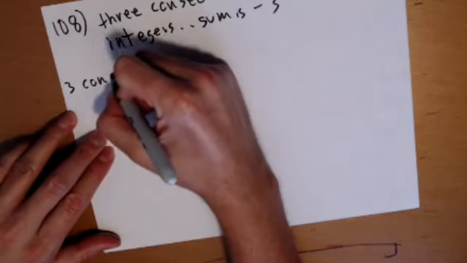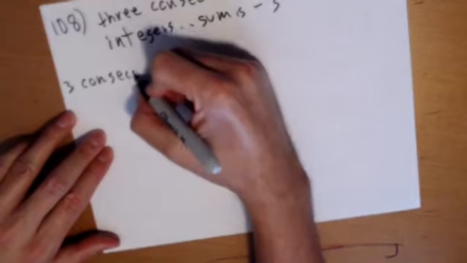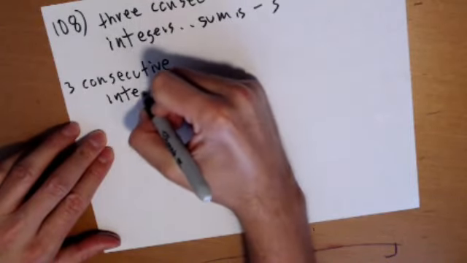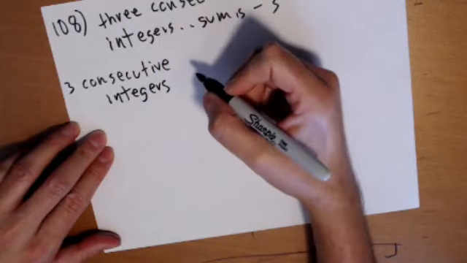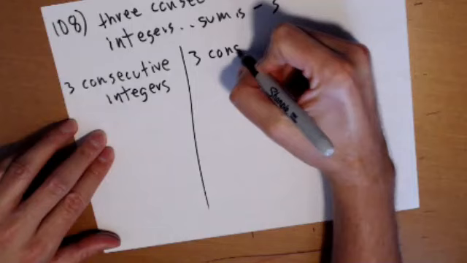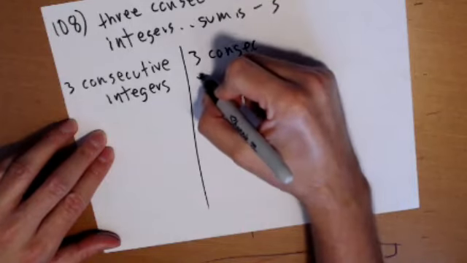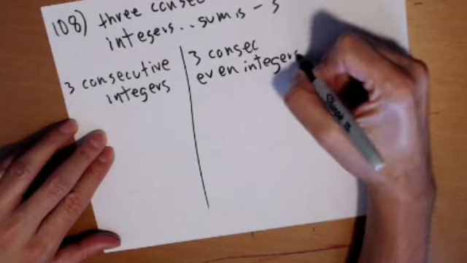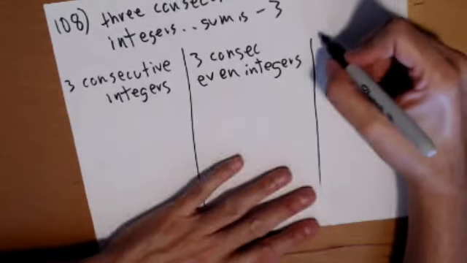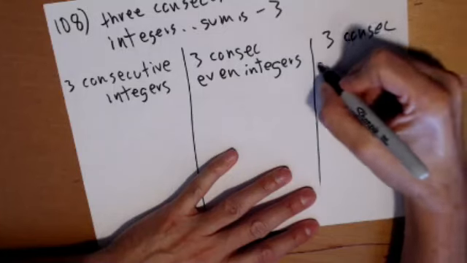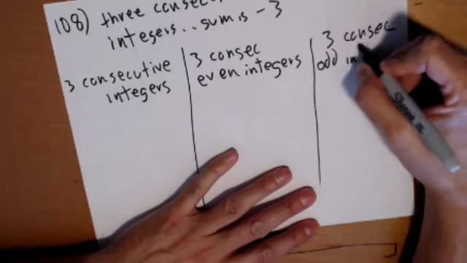So let's just say it's 3 consecutive integers. Integers, cool. 3 consecutive even integers. We're going to need a second piece of paper in a second. 3 consecutive odd integers.